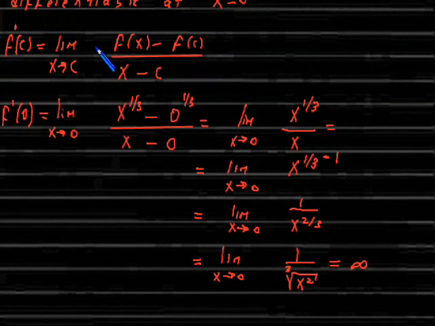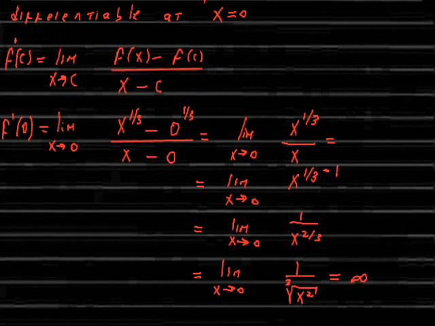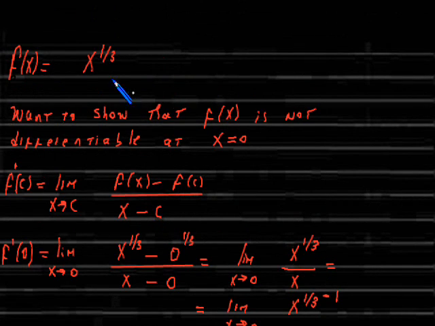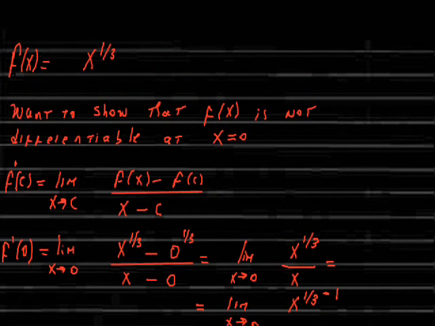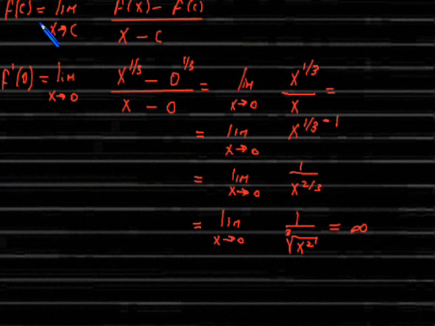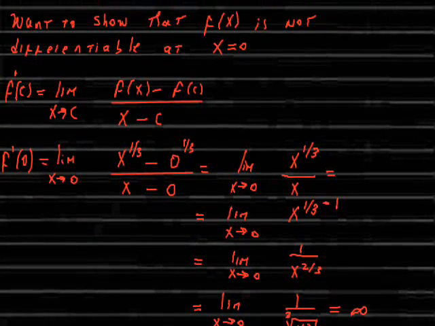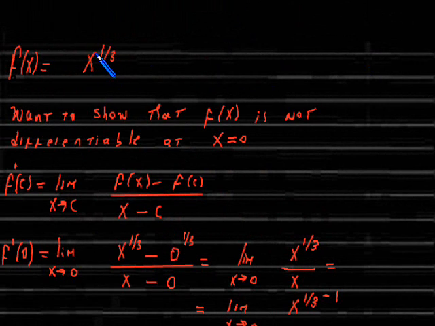In other words, this function over here, f of x equals x to the 1/3, doesn't have a derivative at x equals 0. So the function is actually not differentiable.